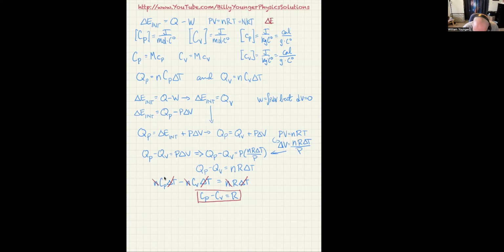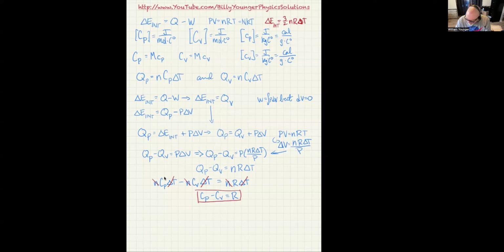So delta E internal is equal to, no, this one's for a monatomic ideal gas, so it's 3 halves N times R times delta T. So now I can make use of that as well, and that will come in handy a little bit later.